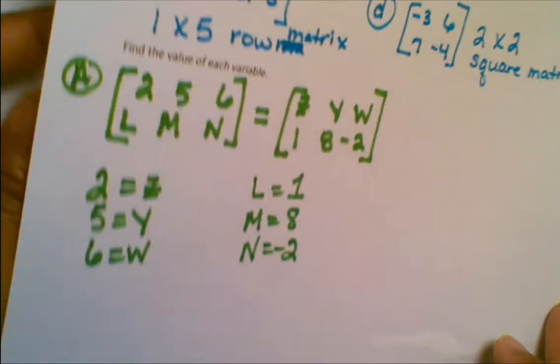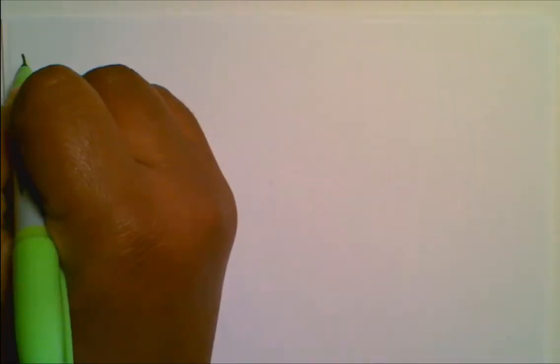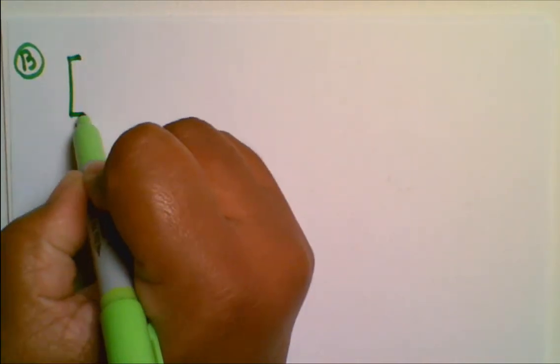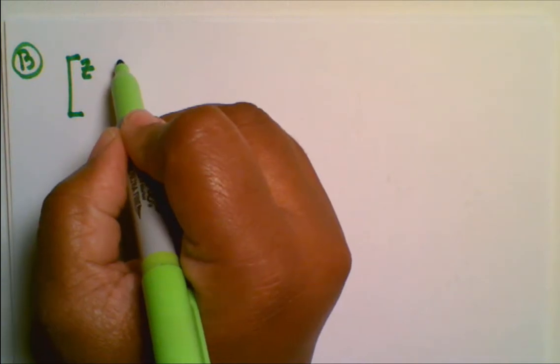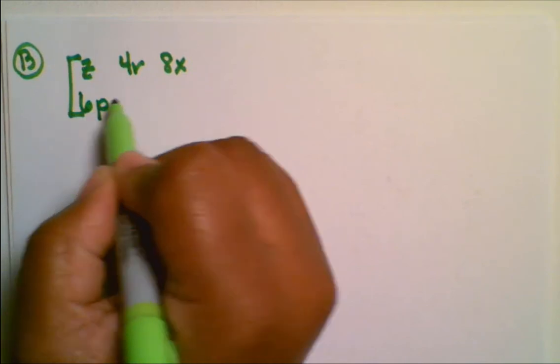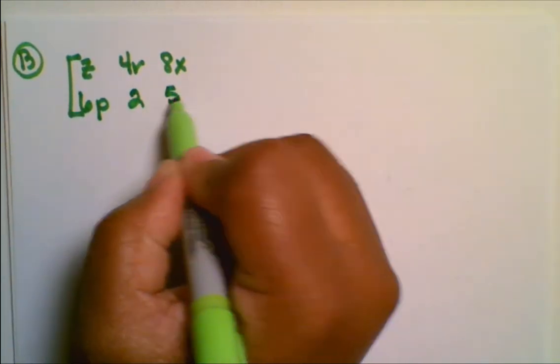Now let's do another example. We have here Z, 4R, 8X, 6P, 2, 5.